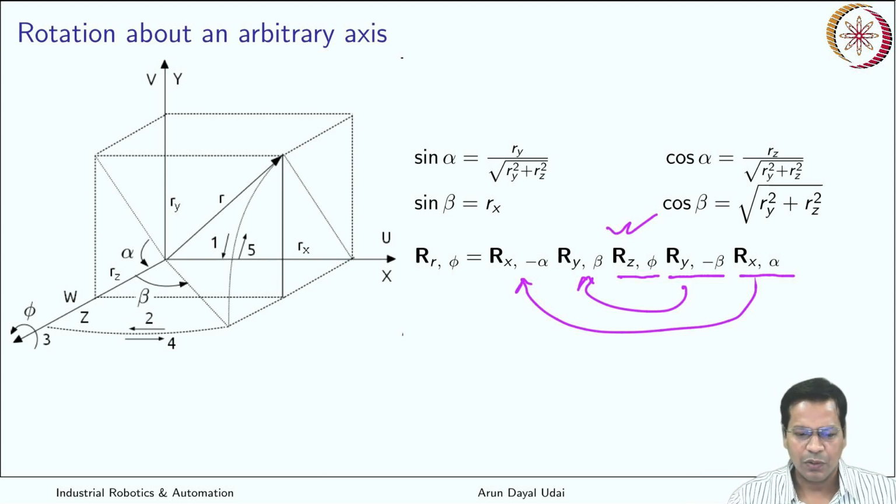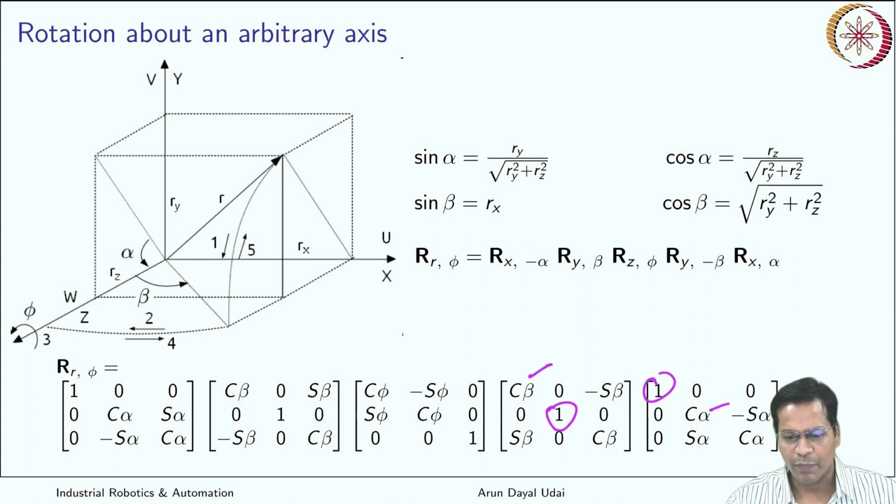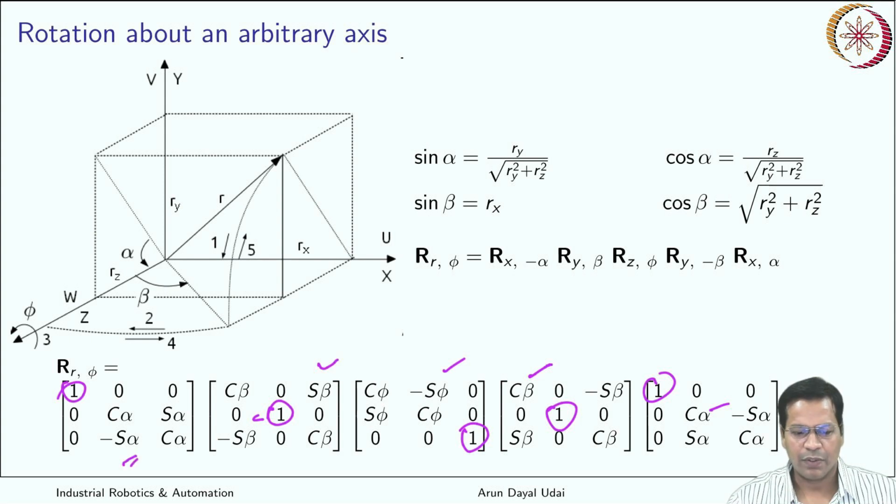If you substitute all the rotation matrices, it is something like this: rotation about the x-axis by angle alpha, the y-axis by minus beta, the z-axis by phi, again the y-axis by beta, and the x-axis by minus alpha. So all the matrices are here.